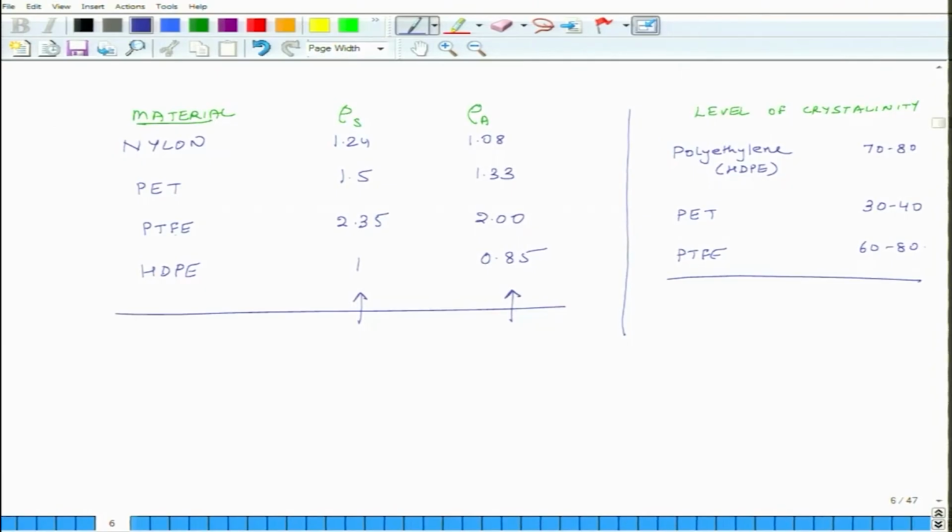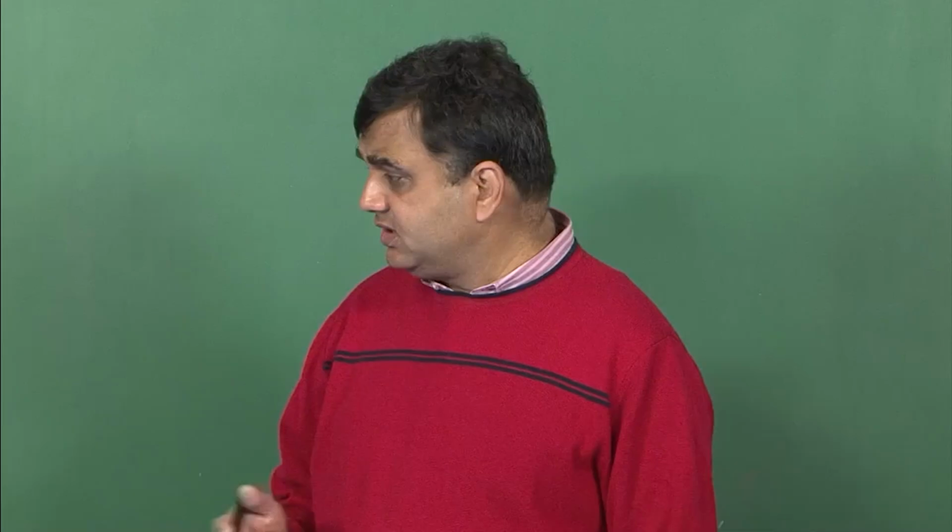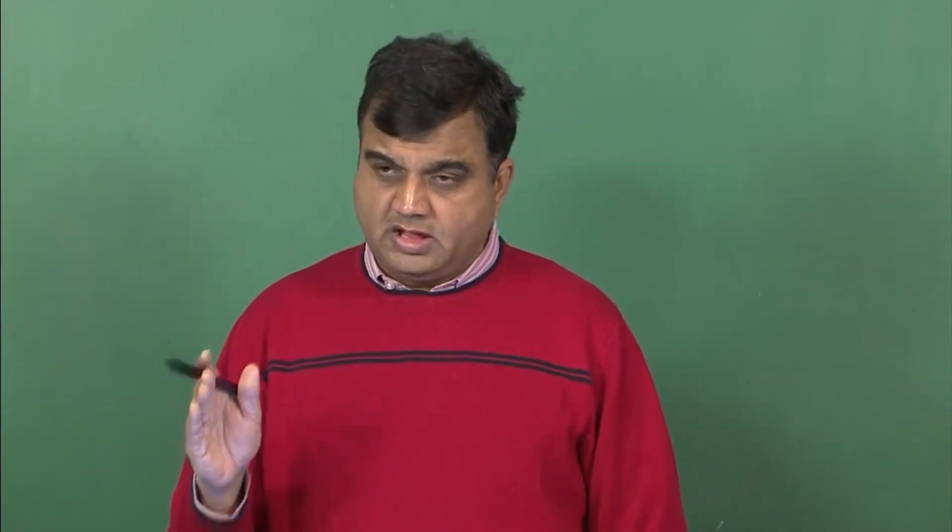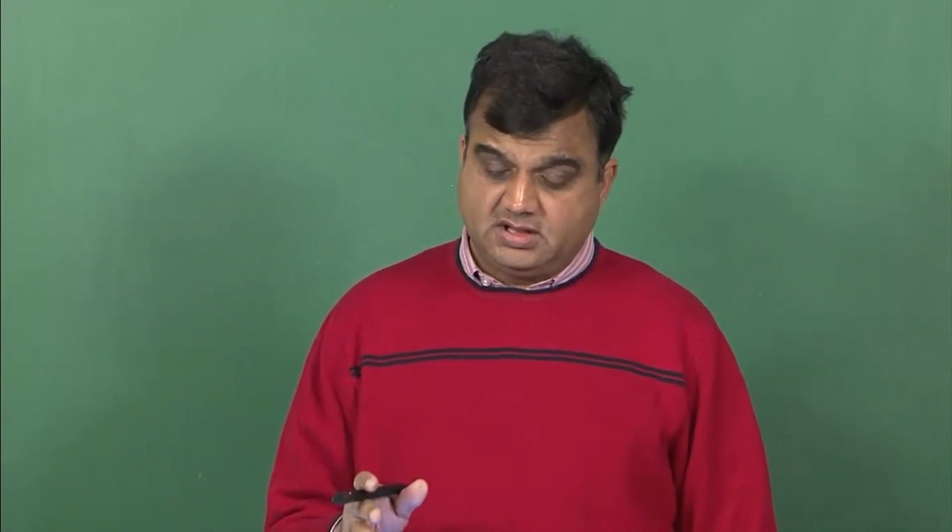And tomorrow, because the time for today is over, we will continue this discussion on semi-crystalline and amorphous versions of polymers and figure out the relationship between the glass transition temperature, the melting point and different properties of these types of materials.